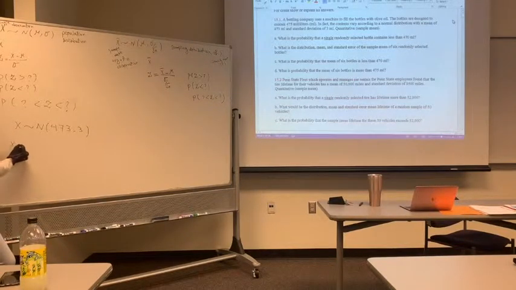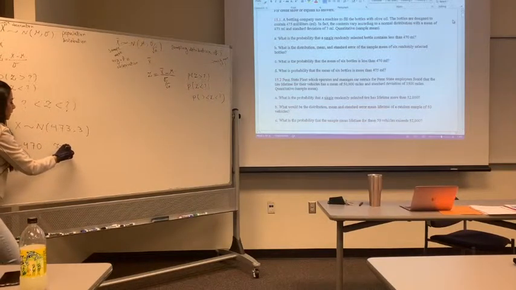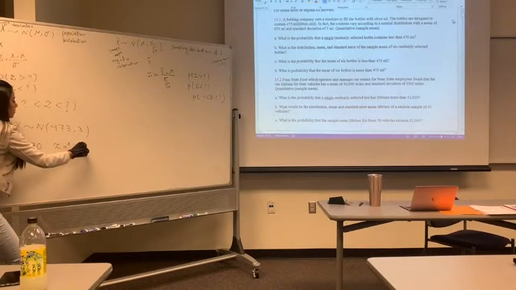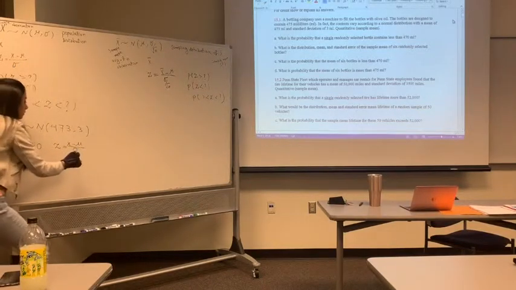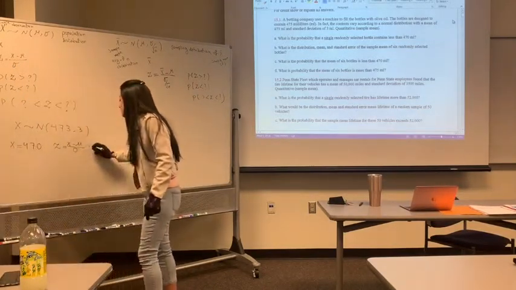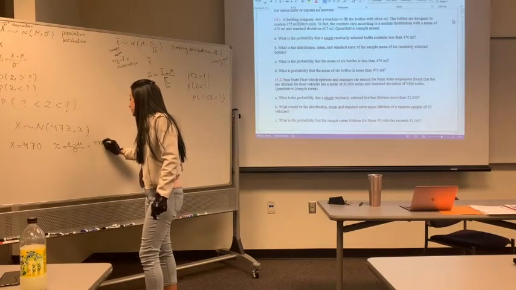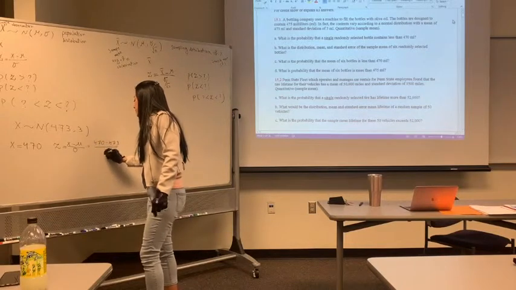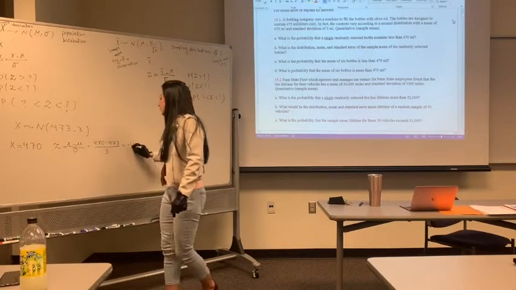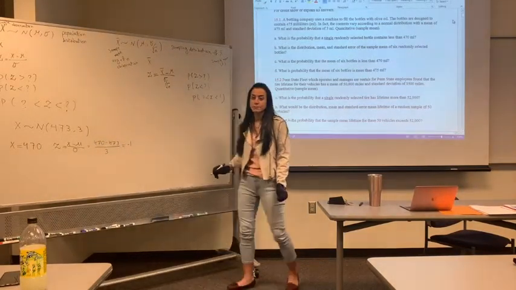So we start with x equals 470. We find the z value for this x using the formula. Here z is equal to 470 minus 475, which is -5, divided by 3, and we will have about -1.67. Correct?